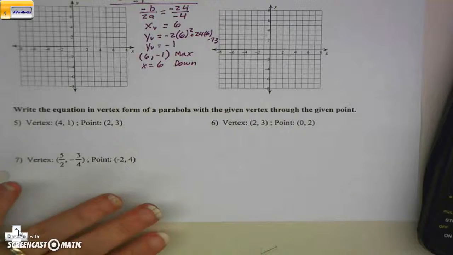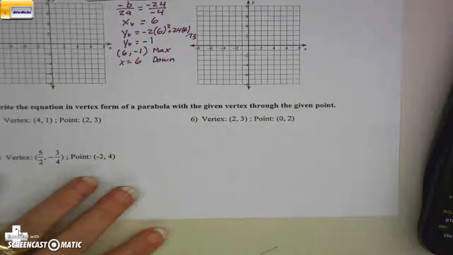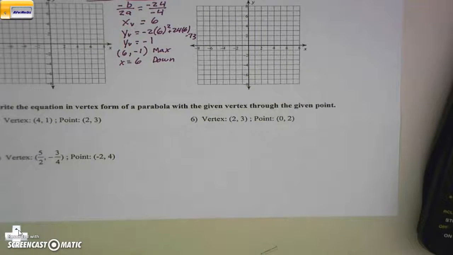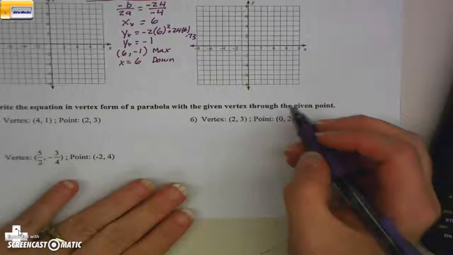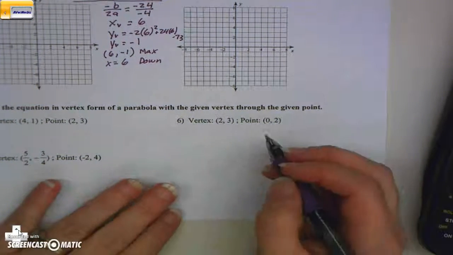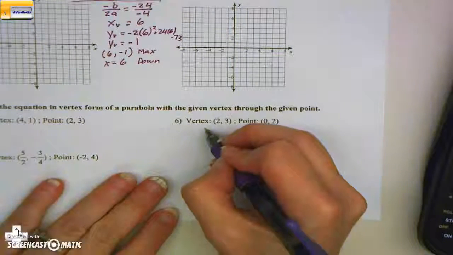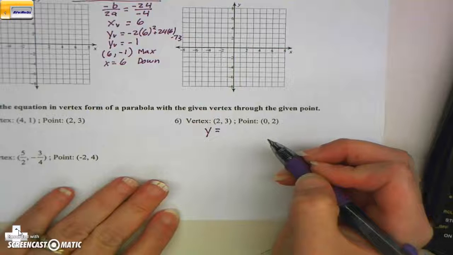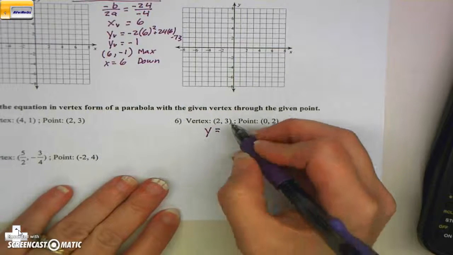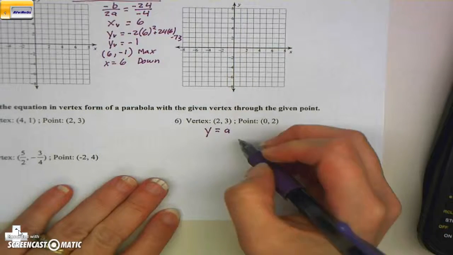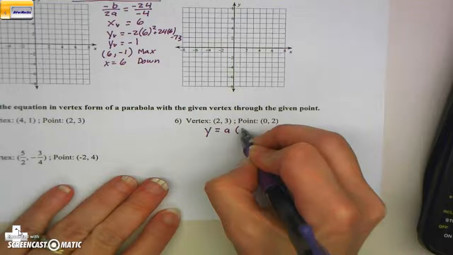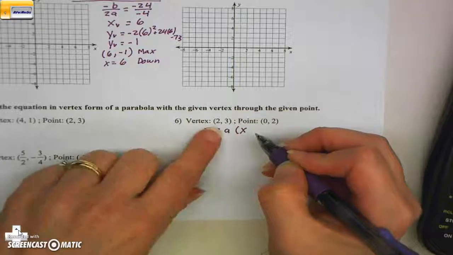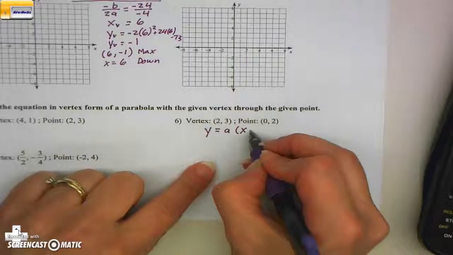And I'm going to do number 6 for you because I've got room. Okay. So if I'm going to write this in vertex form, I know I have y is equal to a. Do I have any clue what a is? Not yet. So I'm going to put in a. X, oh, I've got a vertex, so I can put that in there.